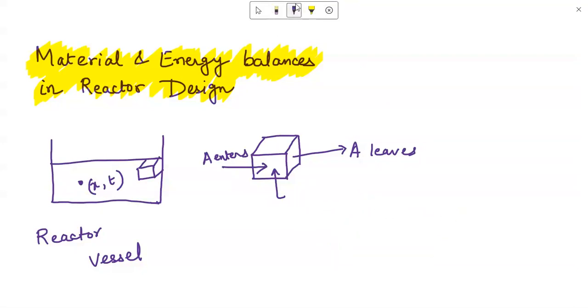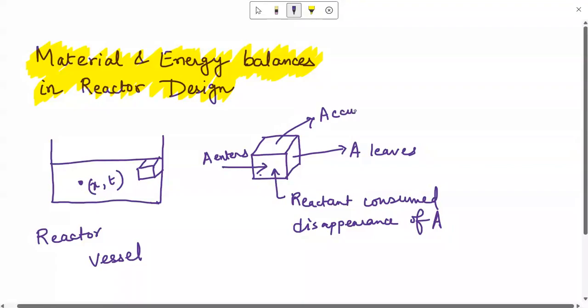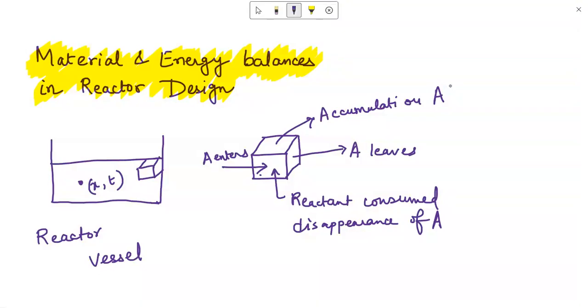So let's say you have this reactant being consumed, or there may be some generation of some new product, but considering only the reactant, we'll talk about the consumption or disappearance of A. And another thing that we say is accumulation of A. So some part of the reactant may not have reacted, but is still inside the reactor vessel. So that we are referring to as accumulation.